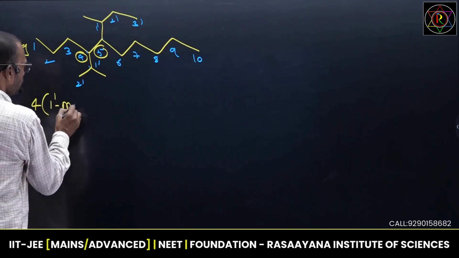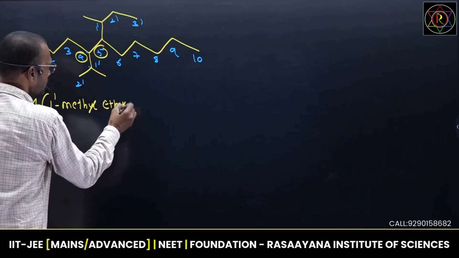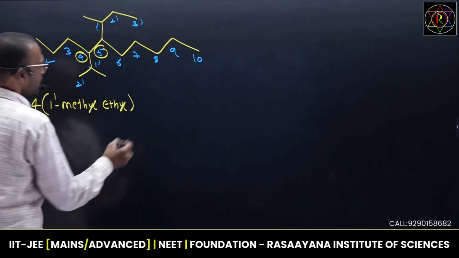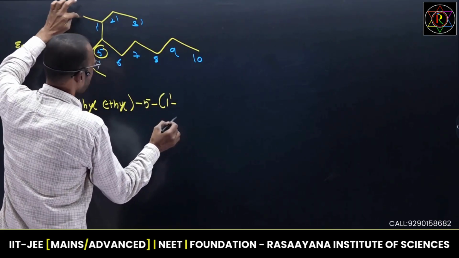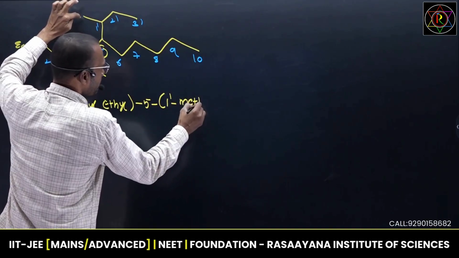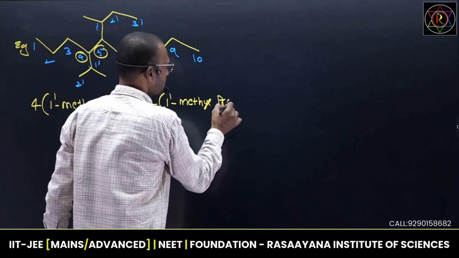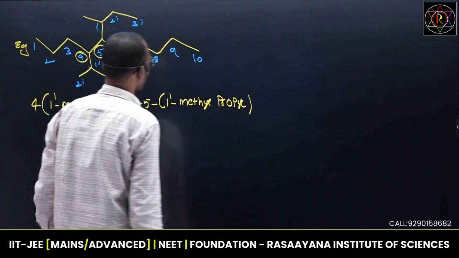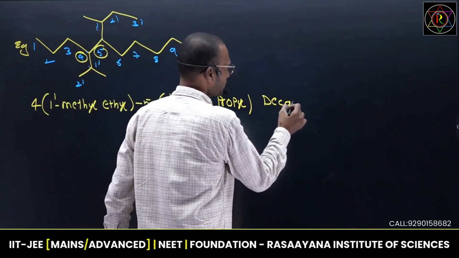So that is 1 dash methyl, and here it is ethyl. 1 dash methyl ethyl. Then one more branch is there at 5. 5 carries 1 dash methyl. 1 dash methyl, 1, 2, 3. 3 carbons are present. So 3 carbons means propyl. Then total number of carbons are 10. When 10 carbons are present, your answer is decane. That is the answer.